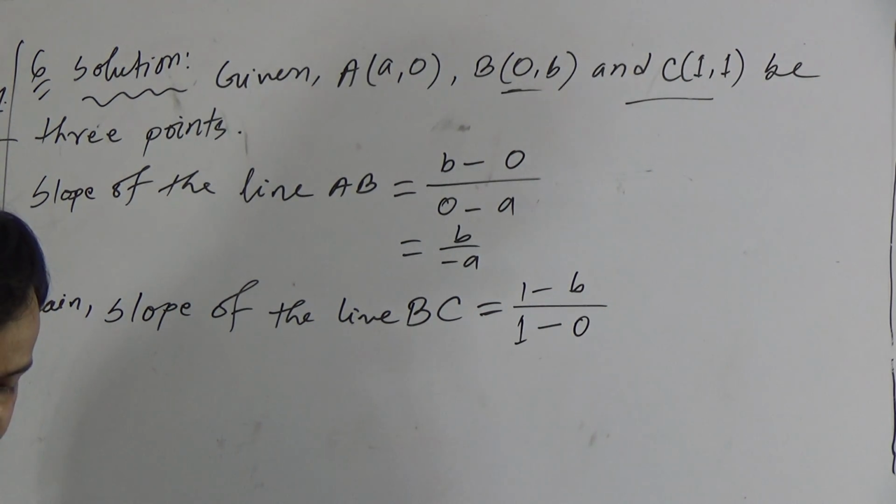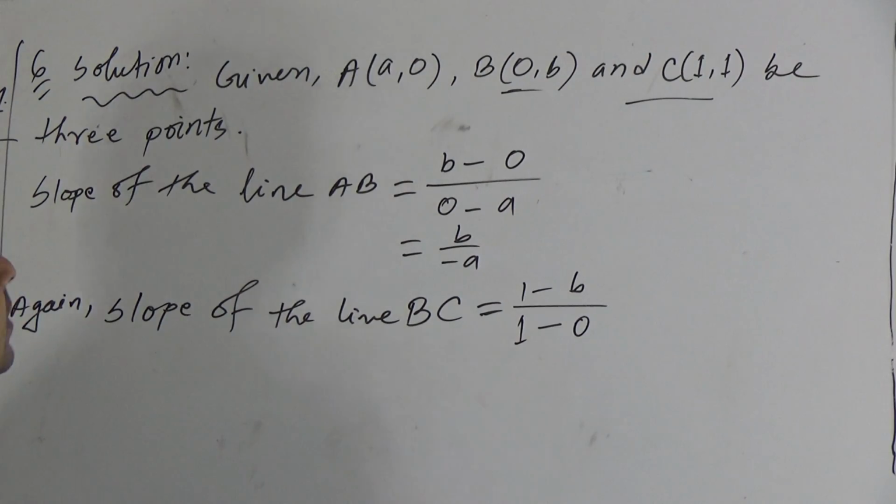So we can say, as the 3 points are collinear, so their slope will be equal.